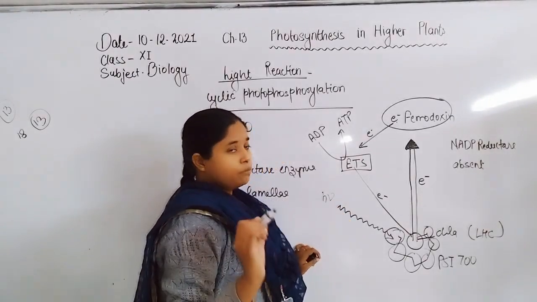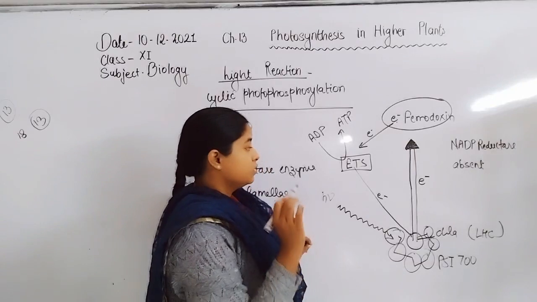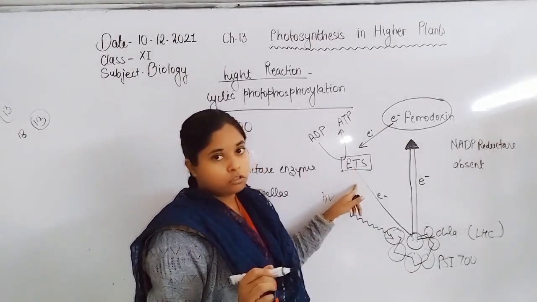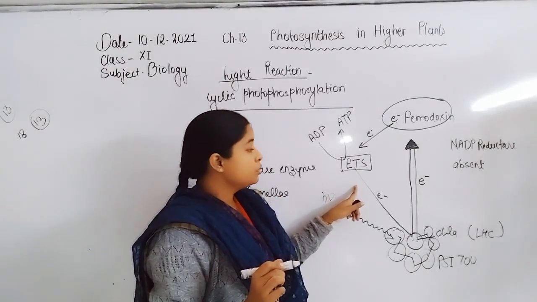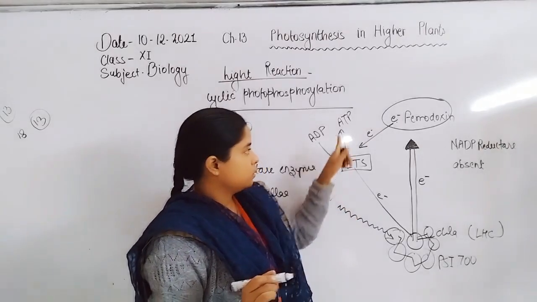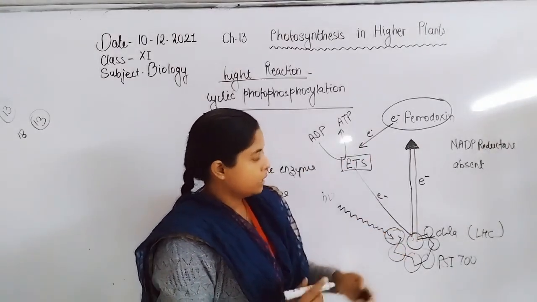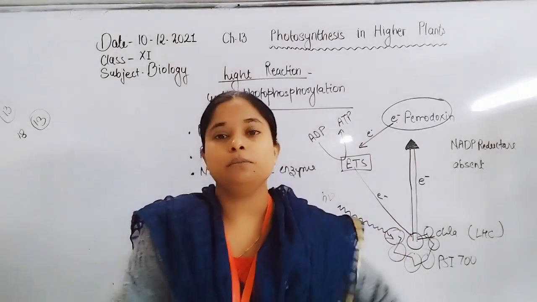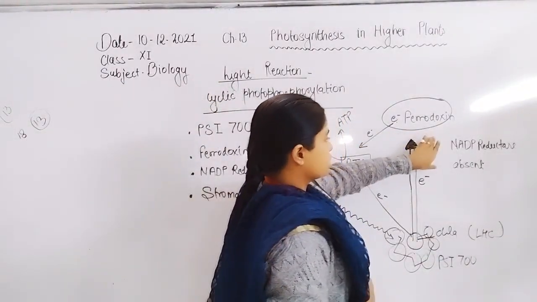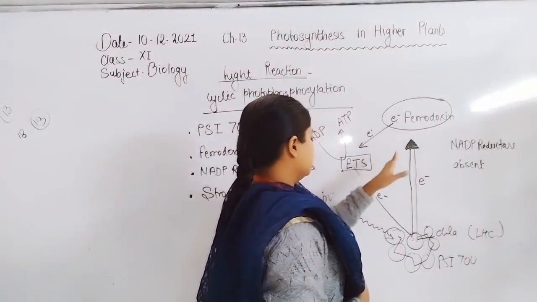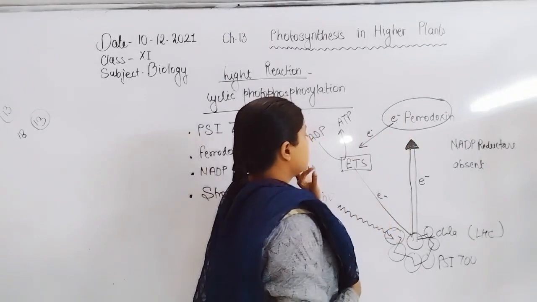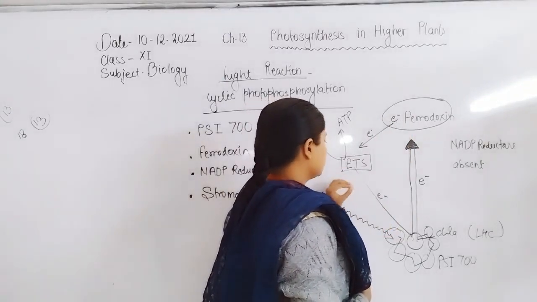In the Z scheme we have learned that plastoquinone transfers electron to the electron transport system, but due to the absence of photosystem II, and the NADP reductase enzyme, the electron passes by ferredoxin. The electron from ferredoxin is transferred to the electron transport system.